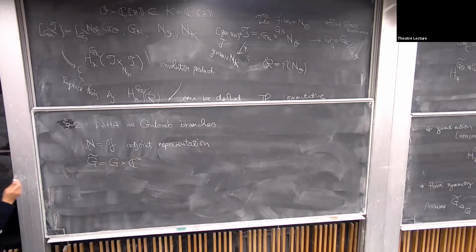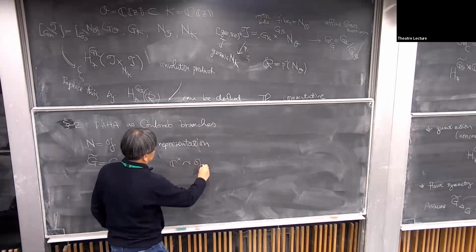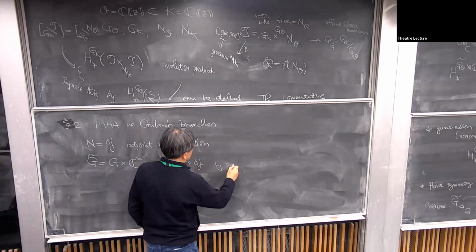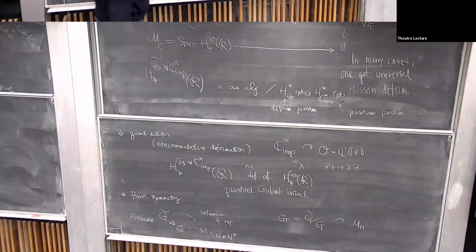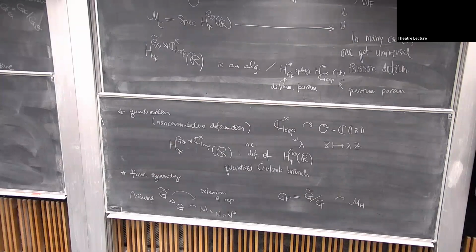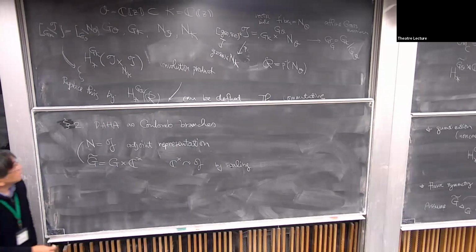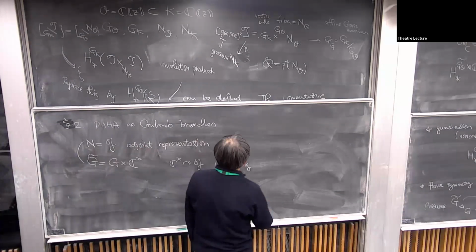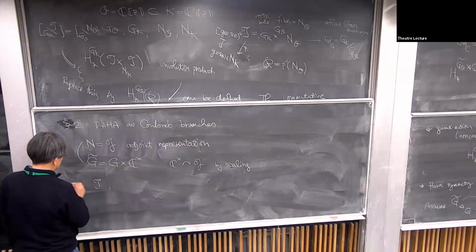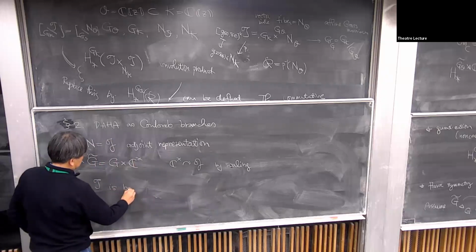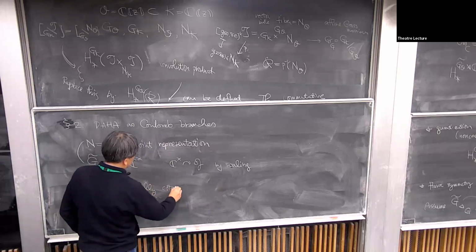So this C star acts on N by scaling. So we take these examples. Then the point is this T. In this case, T is basically the cotangent bundle of a flag variety.